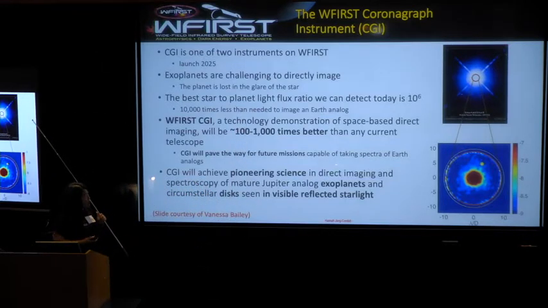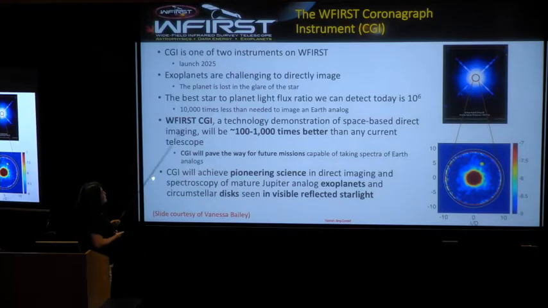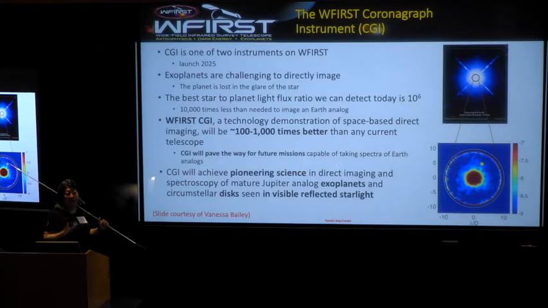Its primary goal is to directly image exoplanets, specifically radial velocity planets. So it's a technology demonstration instrument, and it's projected to be 100 to 1,000 times better than any current telescope. And it's meant to be a pathfinder for future missions like HabEx and LUVOIR.